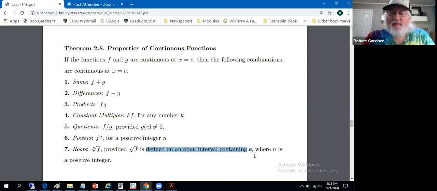What about the "except possibly at c" thing? Well, this isn't a conversation about limits. This is a conversation about continuous functions. So here, it does matter what happens at x equals c. What happens at x equals c is what the limit is, and that's the very definition of continuity. So that's the reason we've lost the "except possibly c" stuff in the last one.